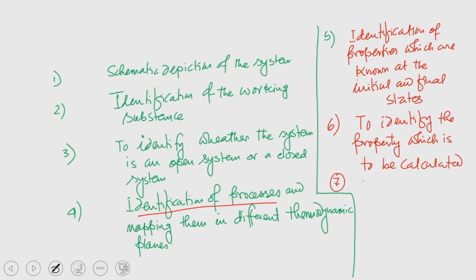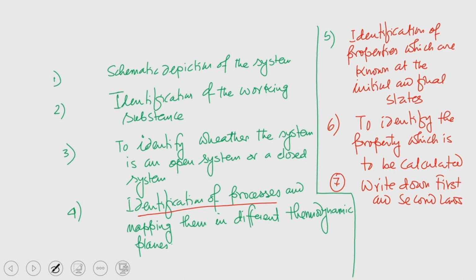Number 7 is write down first and second laws for that particular process. So, as I am talking about pumping process, we need to know what is the property we have to calculate, because we have to calculate the pressure at the outlet of the pump, knowing fully that the temperature is not going to be changed during the course of pumping process, and then we need to write down the first and second laws, combine first and second laws.